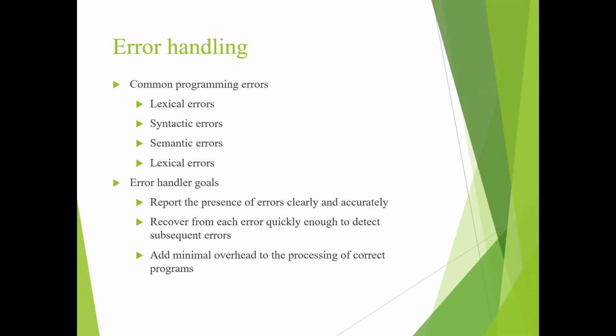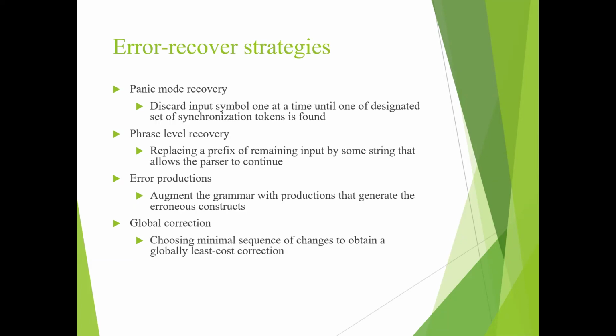Given the different programming errors, different error recovery strategies are used, which are listed here. The strategies are the panic mode recovery method, the phrase level recovery method, error productions, and global correction.